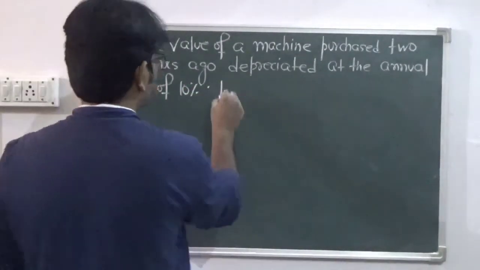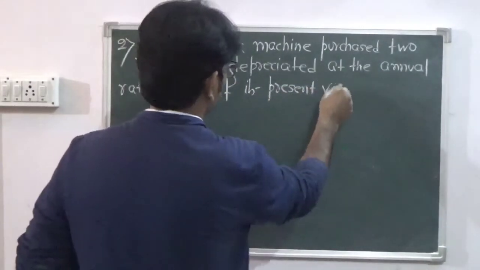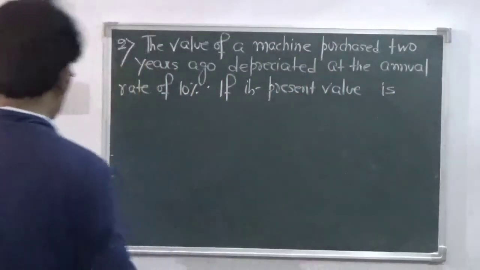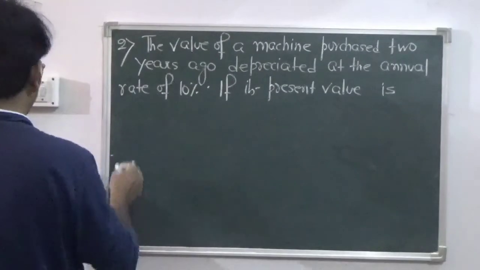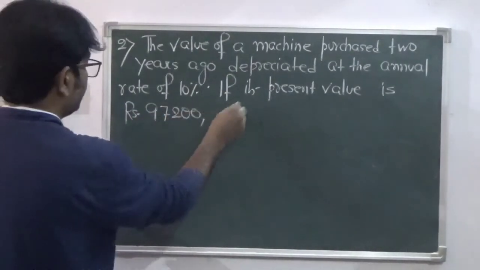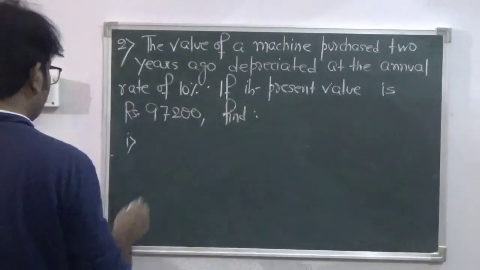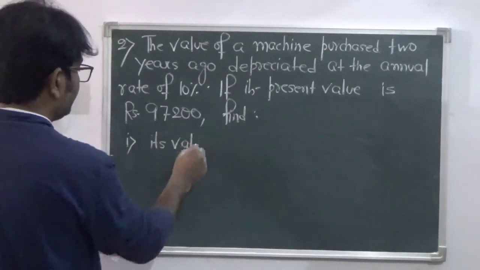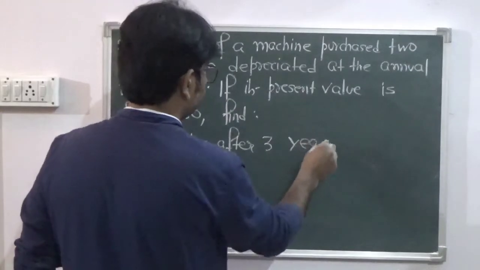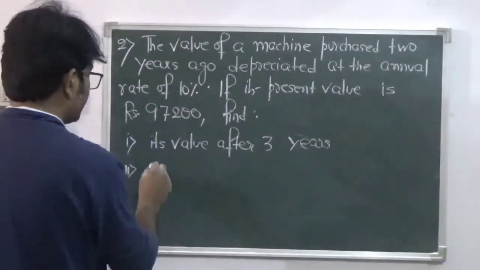If its present value is rupees 97200, find number 1, its value after 3 years, and number 2, its value when it was purchased.